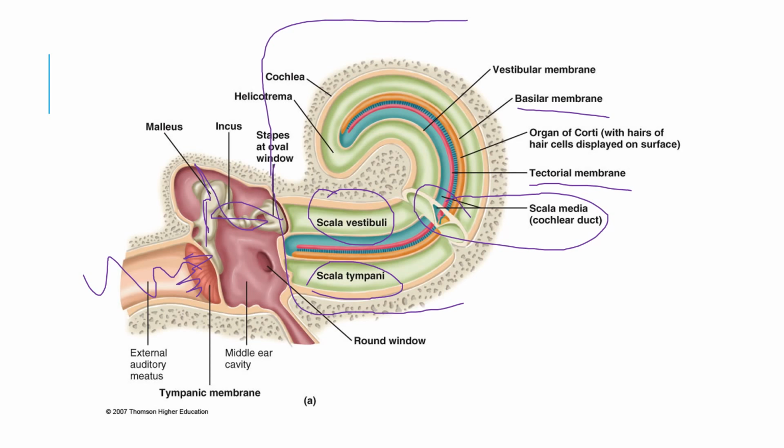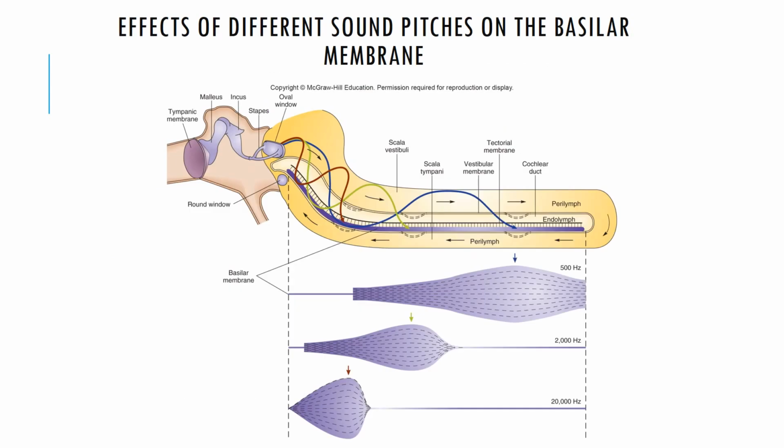When we have activation of these hair cells then, what will happen is that potassium channels are going to open and cause depolarization, and so that's going to cause action potentials that are going to be based on different frequencies. So this image is showing that sound waves are transmitted through the cochlear duct at locations that depend on the frequency of the sound.